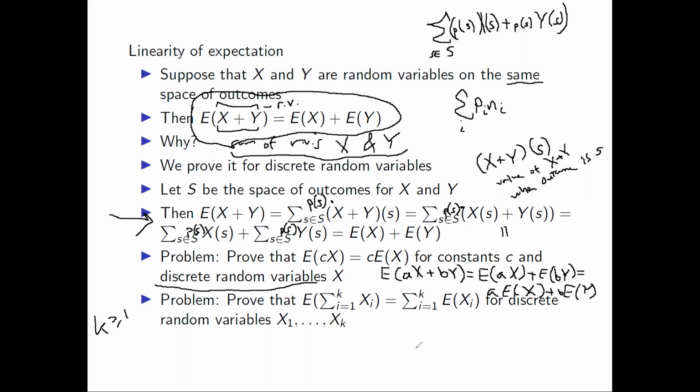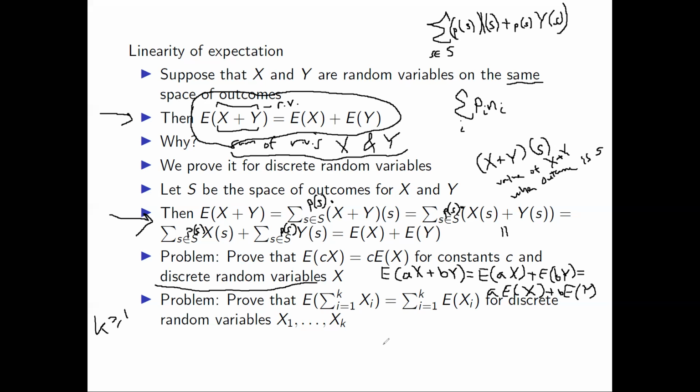So notice that when k equals 2, we're just saying that the expectation of x1 plus x2 equals the expectation of x1 plus the expectation of x2. So that's the same thing as up here. But for higher values of k, it's saying something new. I'm asking you to prove that. So that's 2 problems for you to think about.